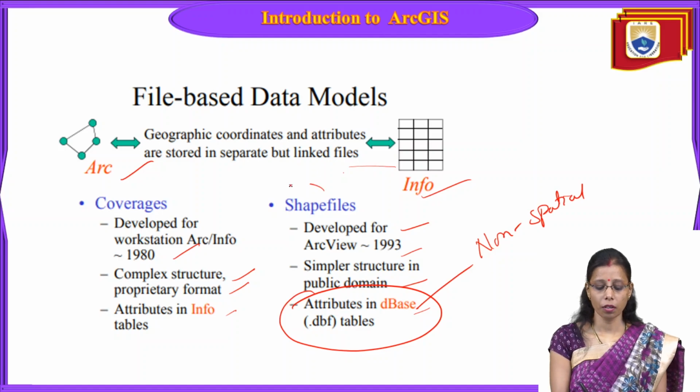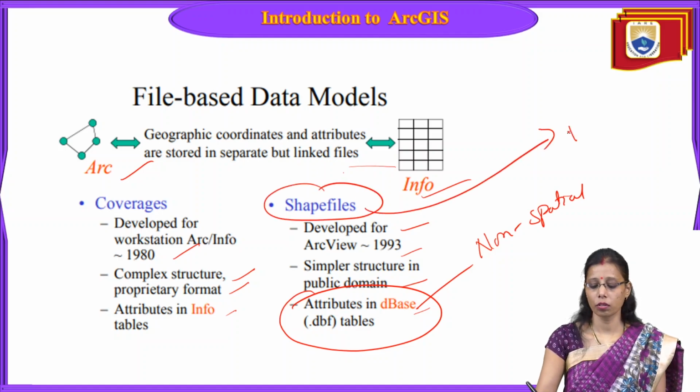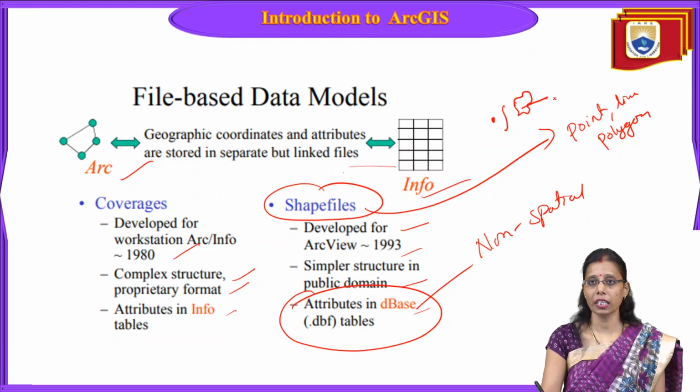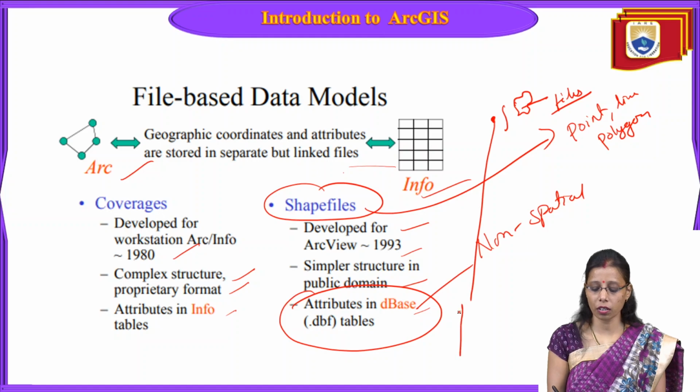When you talk about a shapefile, it is about point, line, and polygon. Why do we call it a shapefile? Because it has a shape: a point shape, a line shape, a polygon shape. Along with the shape, it can store the entire data in the form of files, in the form of tables.